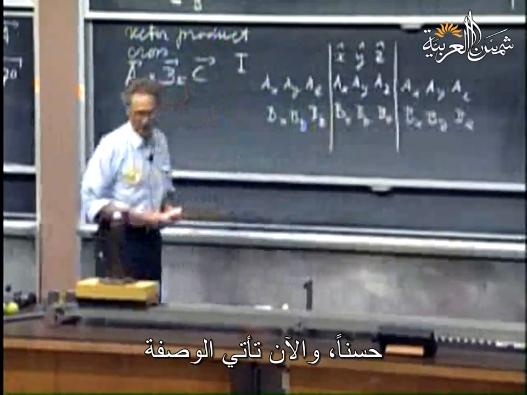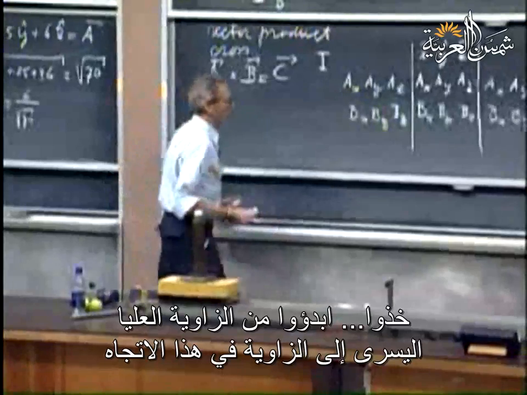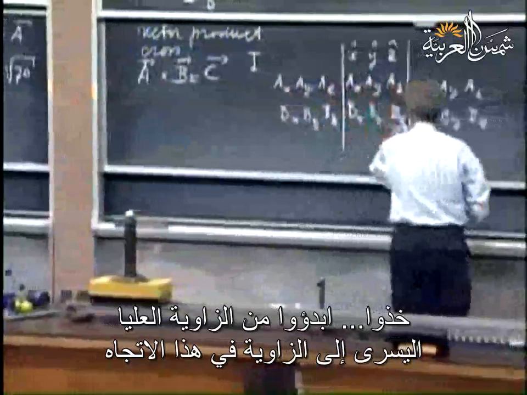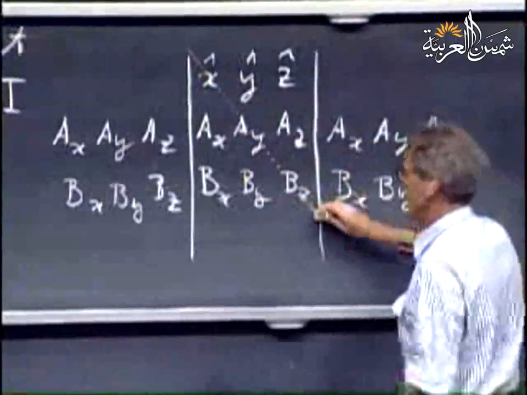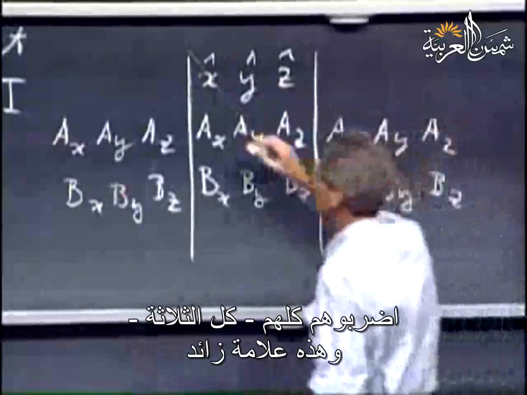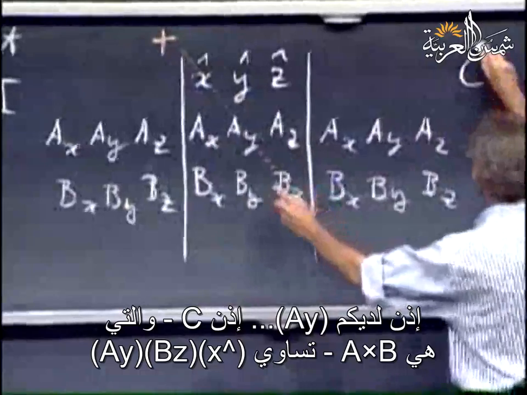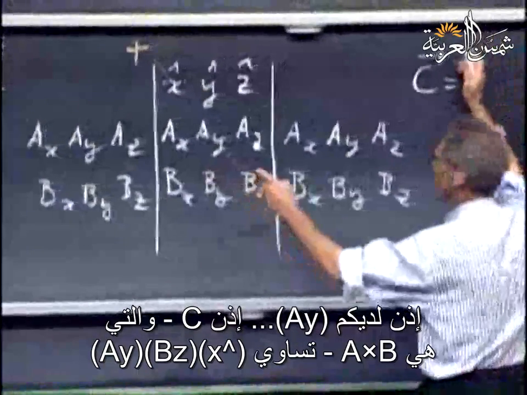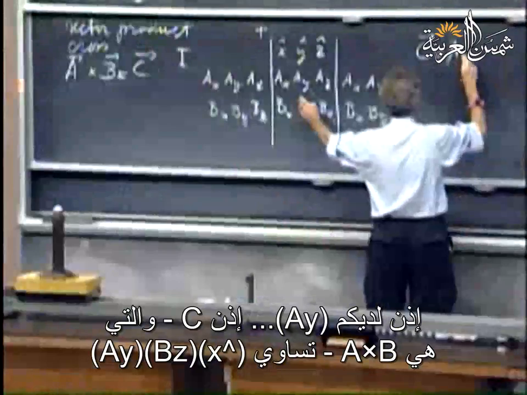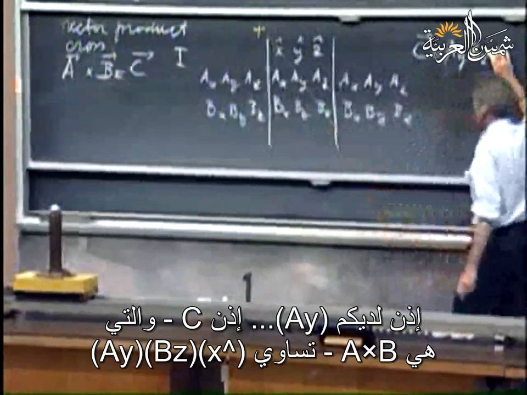Okay, and now comes the recipe. You go from the upper left-hand corner to the one in this direction. You multiply them all 3, and that's a plus sign. So you get AY, so C, which is the A cross B, equals AY times BZ times the X roof.